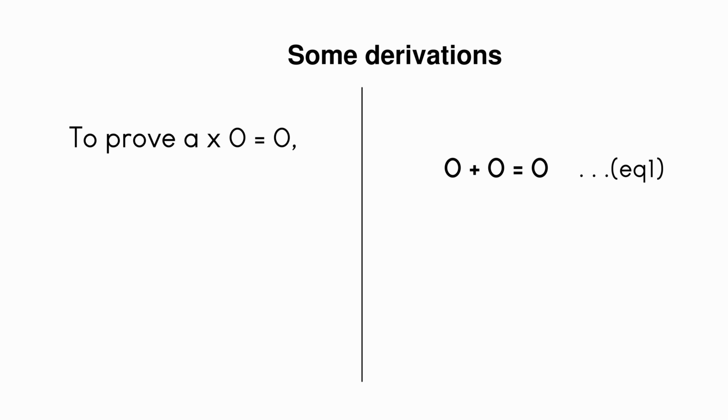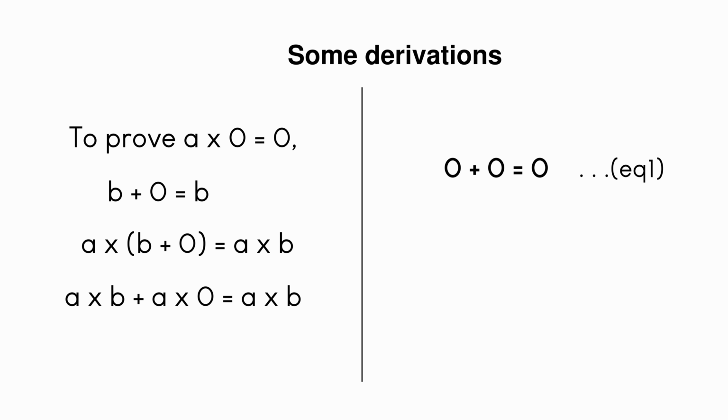From the additive identity, b + 0 = b. We multiply a on both sides. a × (b + 0) = a × b. Then using the distributive property, the equation becomes a × b + a × 0 = a × b. Then subtract a × b on both sides will give you a × 0 = 0.